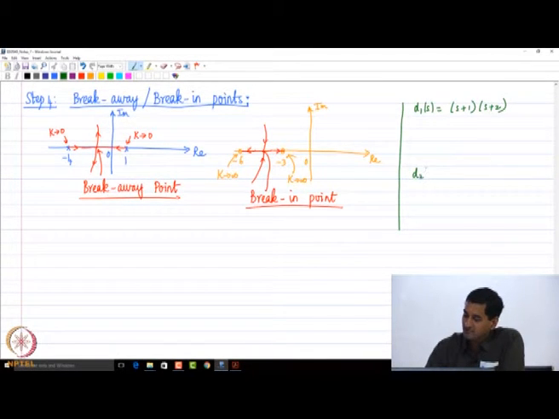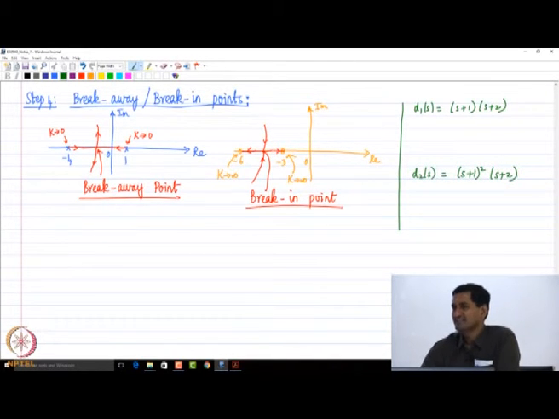I have another polynomial d2 of s, which is s plus 1 whole square times s plus 2. So in the second polynomial, -1 is a repeating root, with multiplicity of 2. Now what characteristic or attribute can you extract out of this? Of course, a root of a polynomial means when you substitute the value it should be 0. But what is unique about a repeating pole?